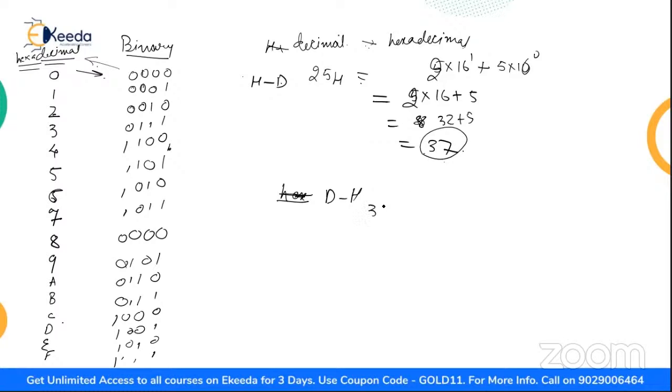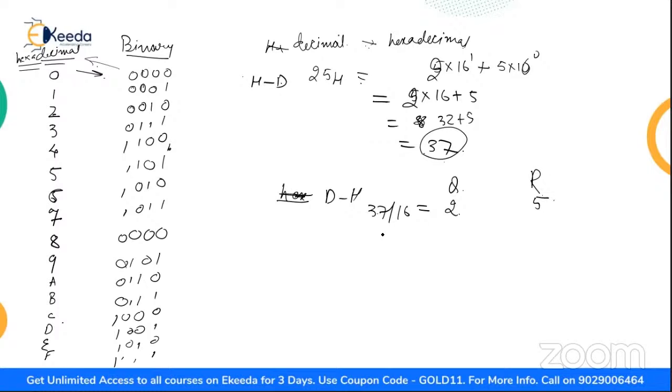So 37 divided by 16 will give you quotient and remainder. 16 into 2 is 32, so quotient is 2 and remainder will be 5, since 37 minus 32 is 5.